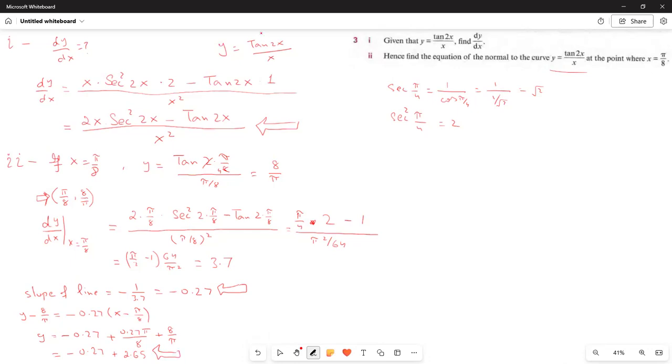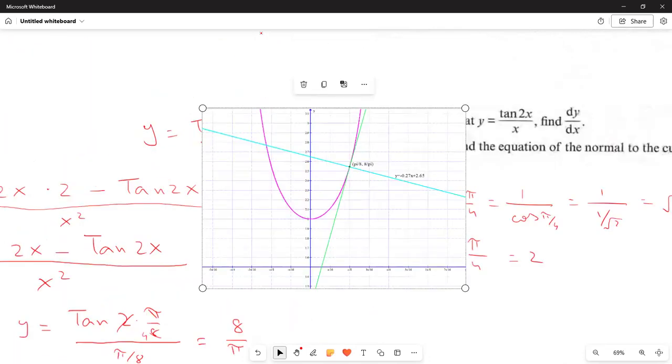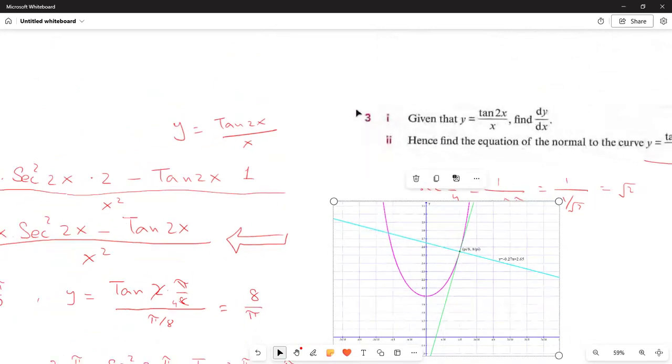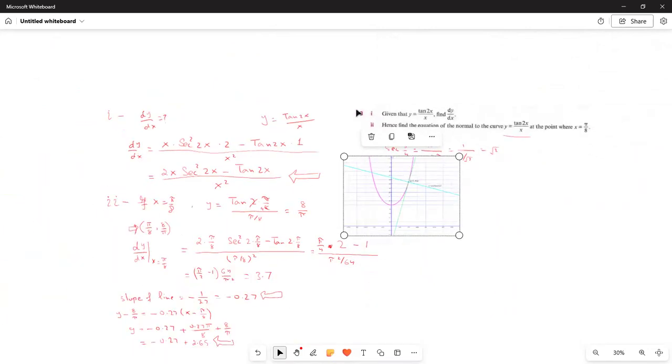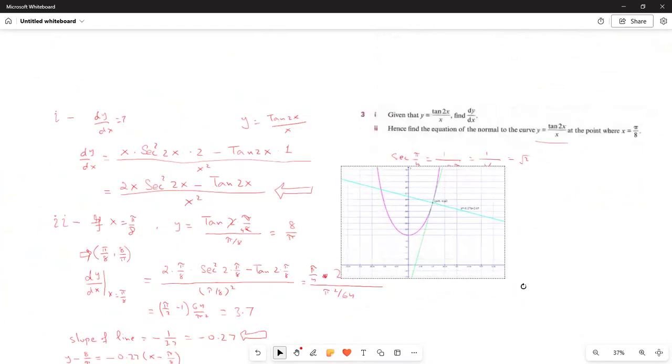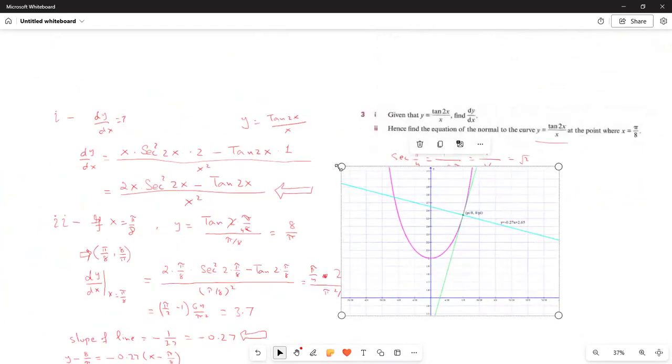Okay, just to understand this whole thing a little bit, let me give you another idea. This is a graph I want to explain. Okay, I hope you can see this thing. Okay, let me explain it over here.